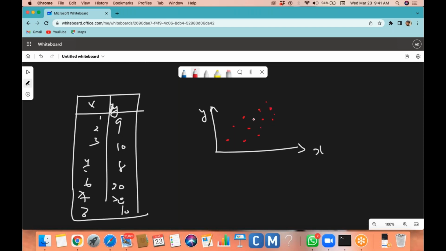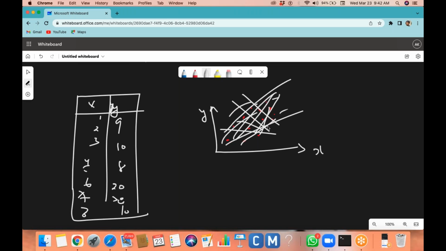In this situation, you have to find the best fit regression line. How can I decide it? Maybe the line goes like this, maybe like this. A lot of lines you can draw on the plane.